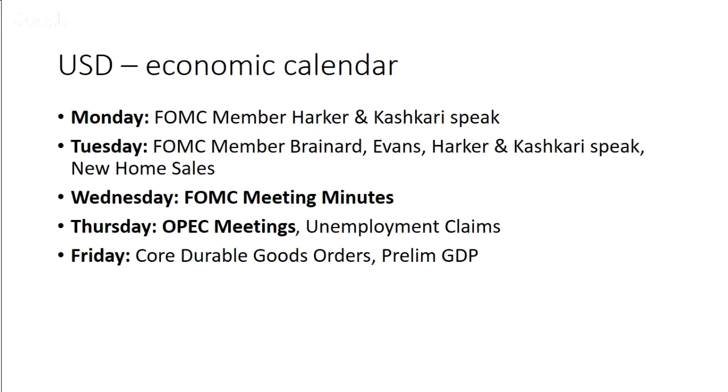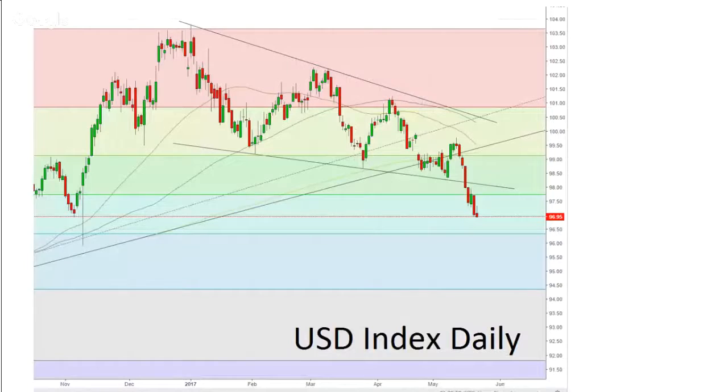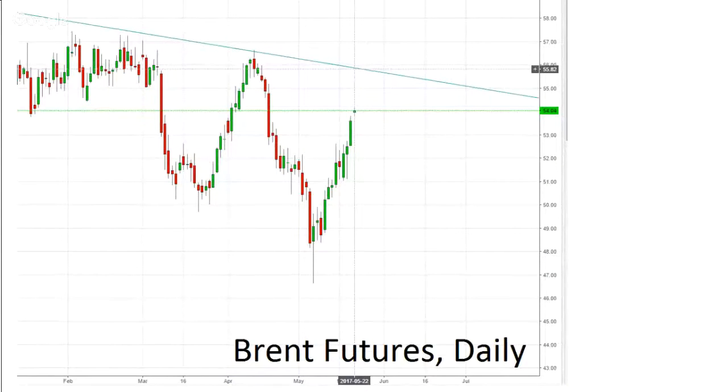And let's say a couple of words about this event, which I said will be important for all currencies. The meeting of the Organization of Petroleum Exporting Countries will take place on Thursday, May 25th. And the organization is expected to extend their output cuts by 9 months.